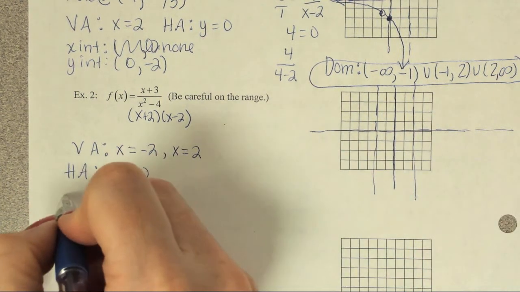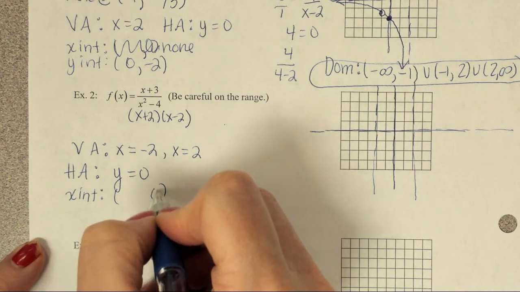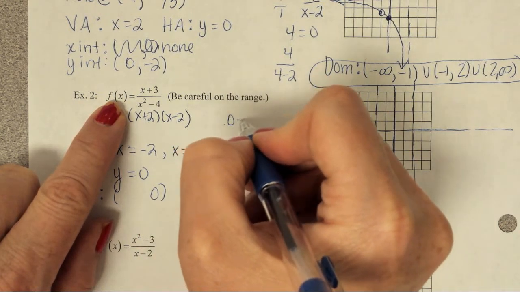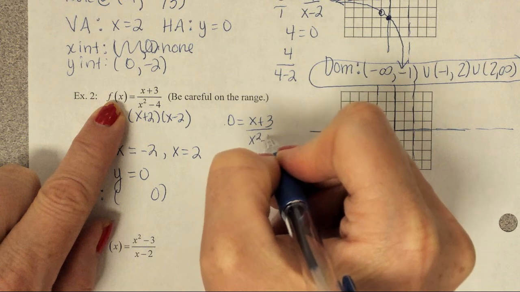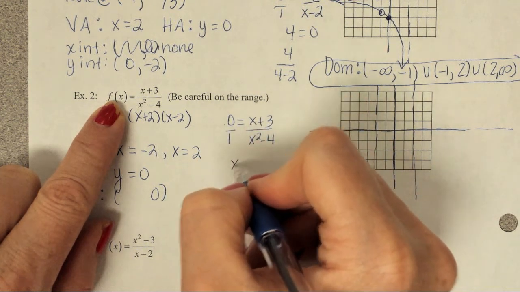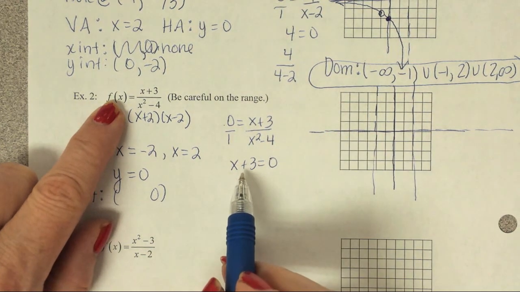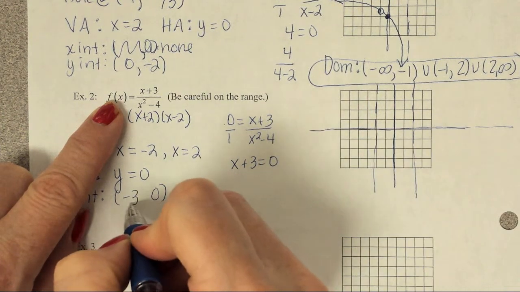Now I'm going to find my x-intercept. To do that, I'm going to plug in 0 for y. Right there's y. So I plug in 0 for y. I cross multiply. What do I get then? -3.